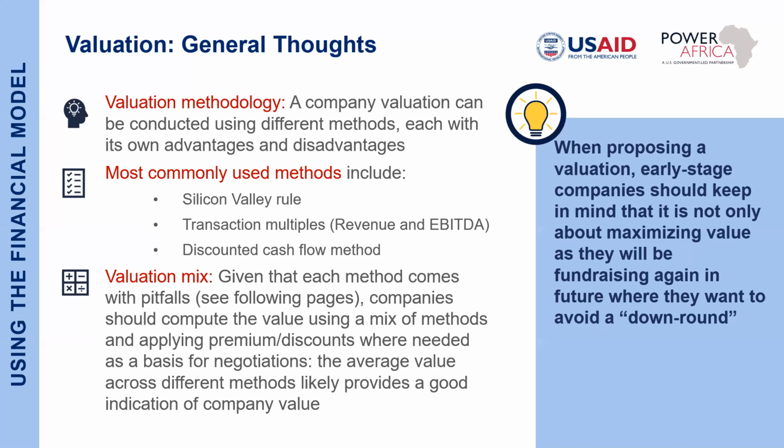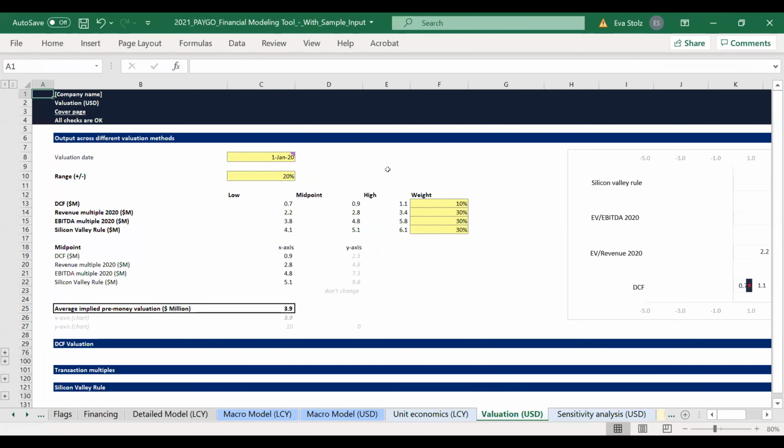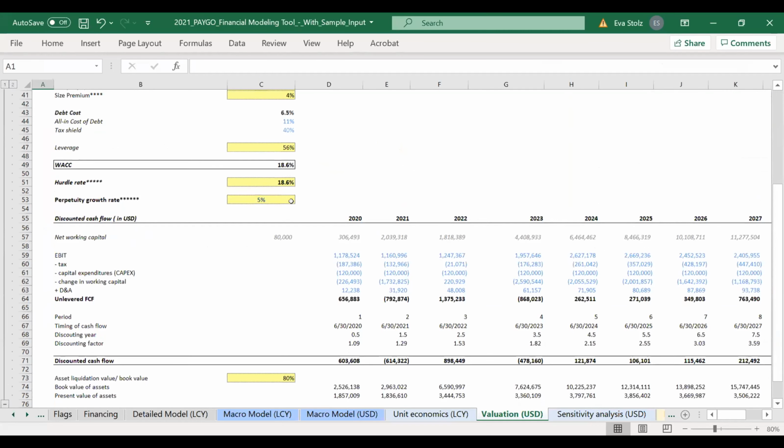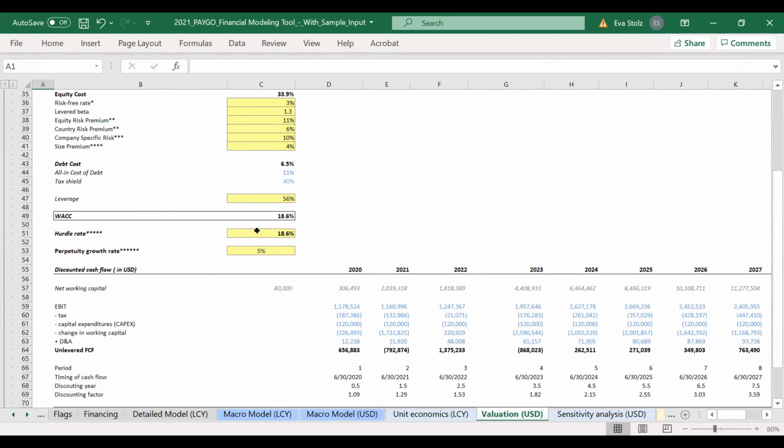And so what we have done in the model is to include a valuation sheet where we exemplified some of the key methods. The first one is the discounted cash flow method. You can see it here. This basically provides the value of a company today based on the cash flows that it is expected to generate in the future.